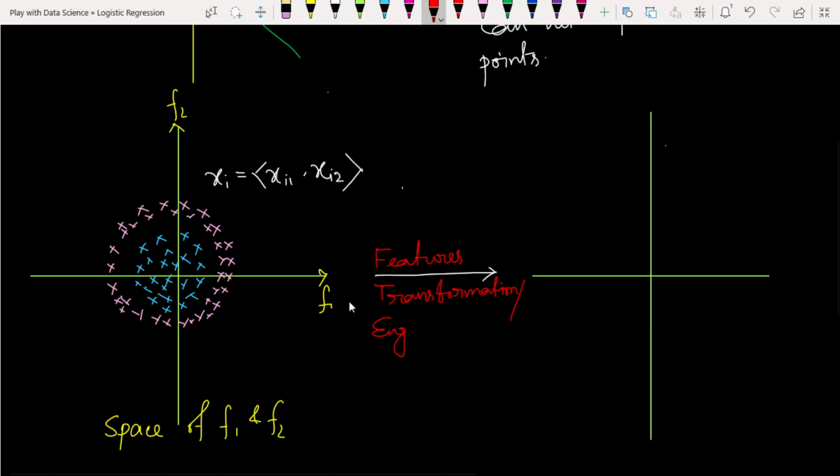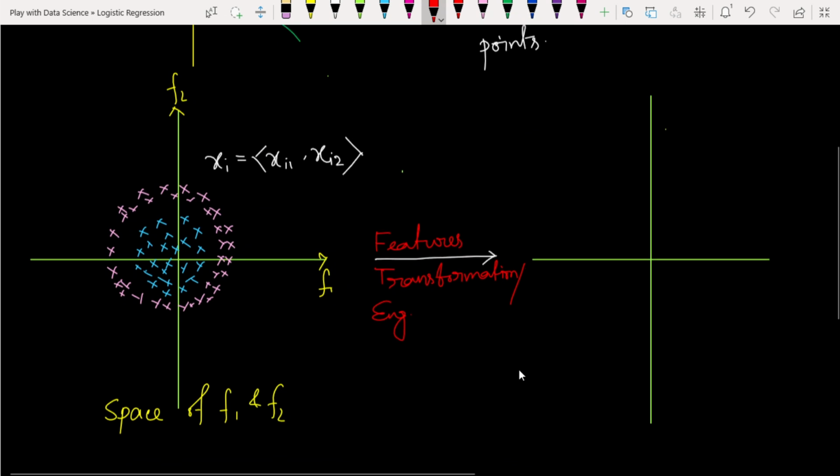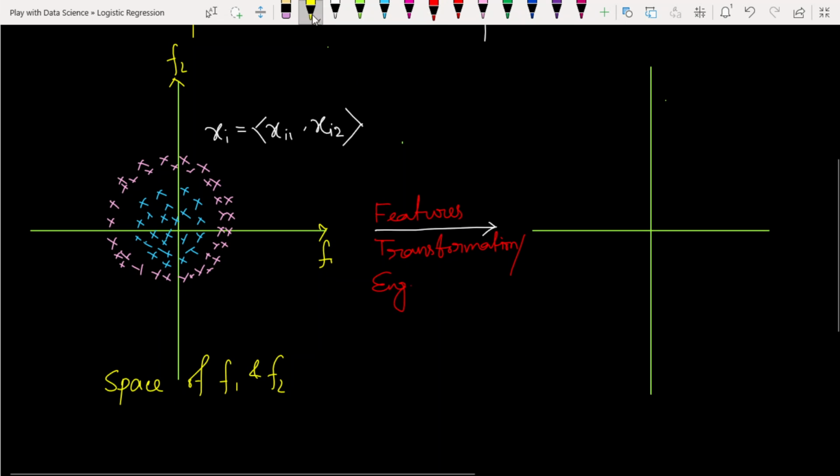We transform these two features in such a way that, in this space, this is the space of f1 dash and this side is f2 dash. In the space of f1 and f2, these data sets are non-linear.